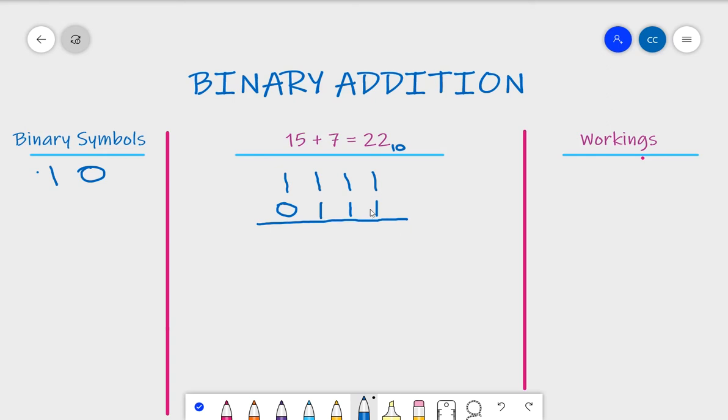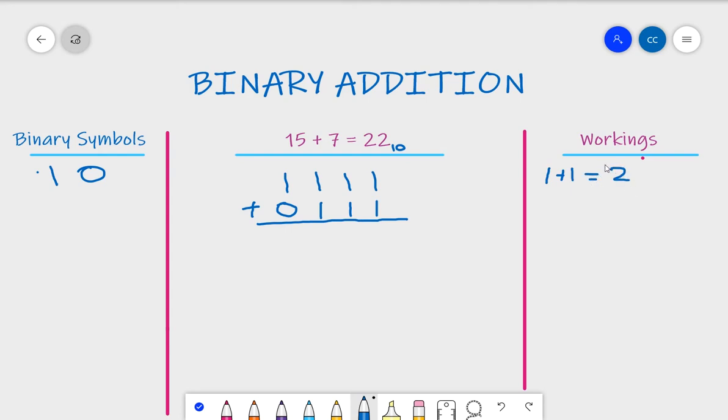Now to add these together, it's just like the column sums that you're used to, but this time you've only got binary digits to express it in. So 1 plus 1, now if we write this over here in the workings, 1 plus 1 equals, you know, 2.